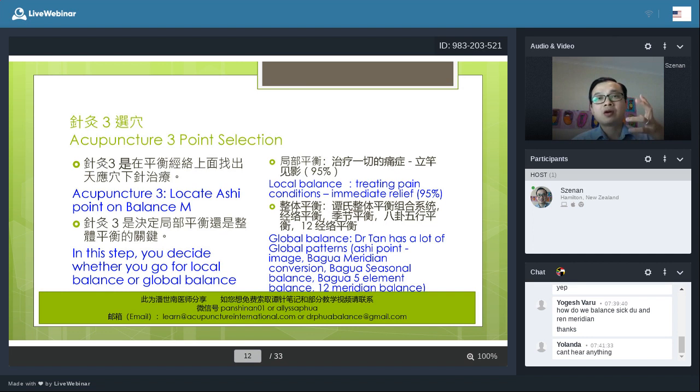Now, lumbar disc herniation, prolapsed disc, those are structure changes. So Dr. Tan's balance method doesn't work as well as it does for other general pain. Okay. Don't get me wrong. I'm not saying Dr. Tan's balance method couldn't treat lumbar disc herniation issues.